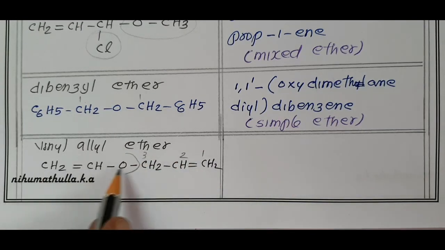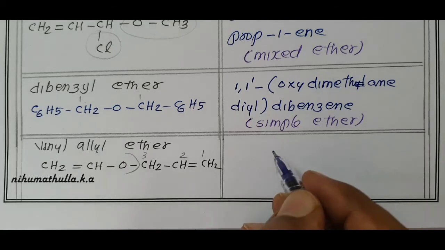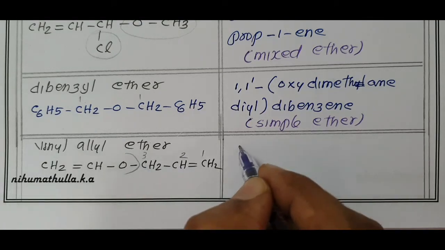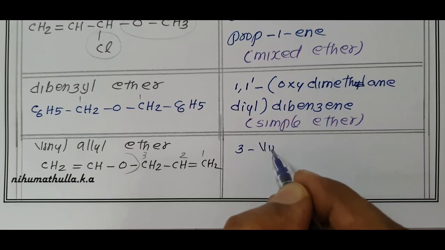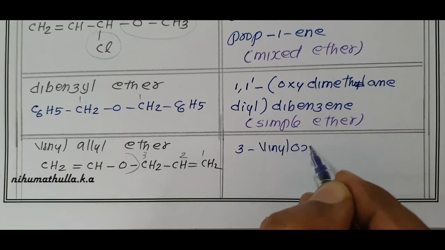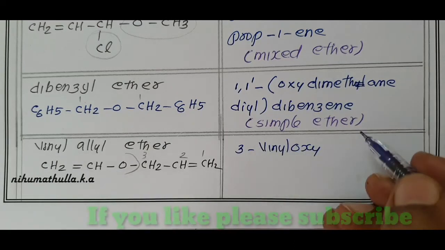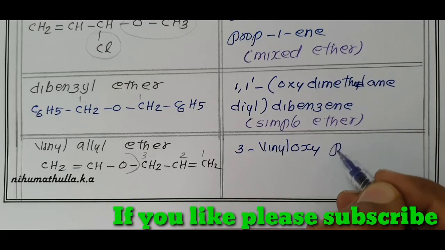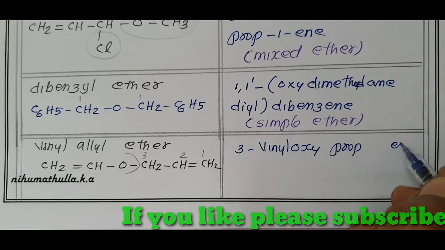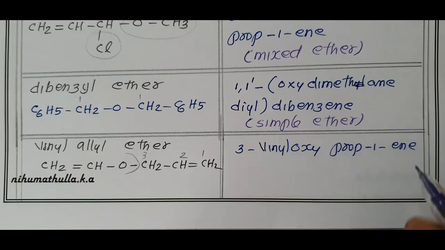Oxygen is added to the vinyl group, vinyloxy. In the third carbon atom, one vinyloxy is present. Therefore, third carbon atom, 3-vinyloxy, 3 carbon, prop, carbon double bond, position of double bond 1.